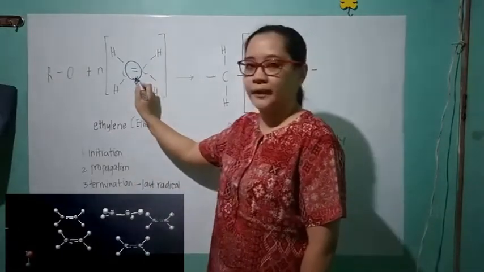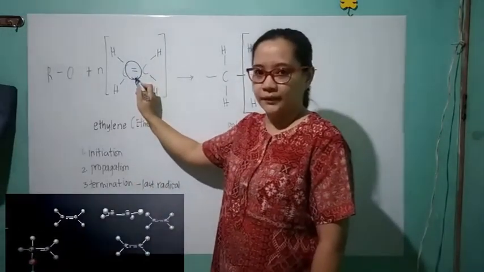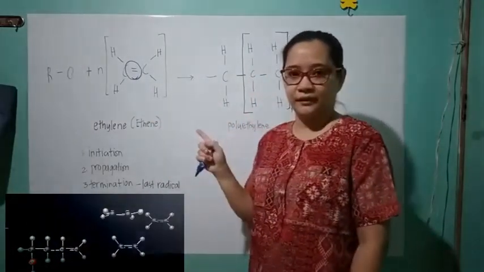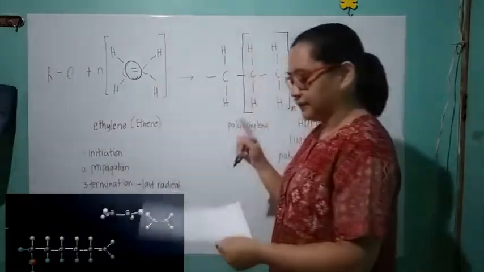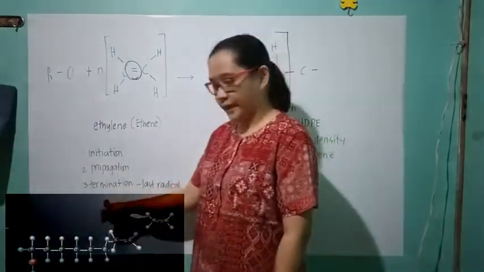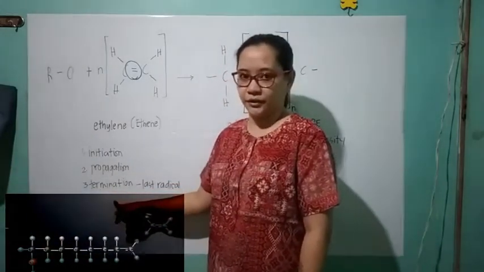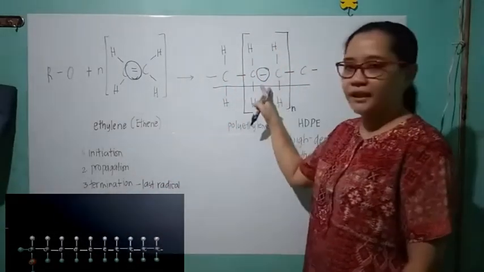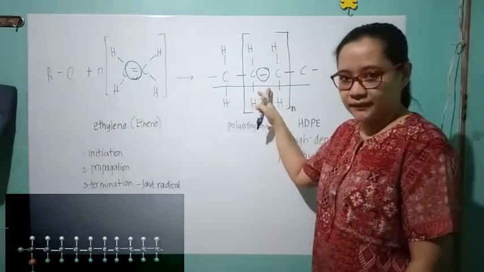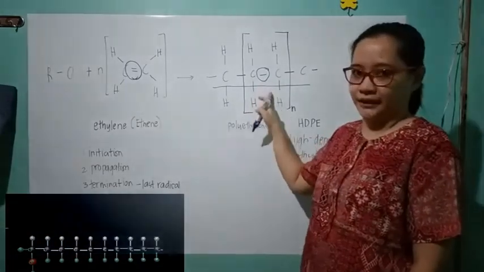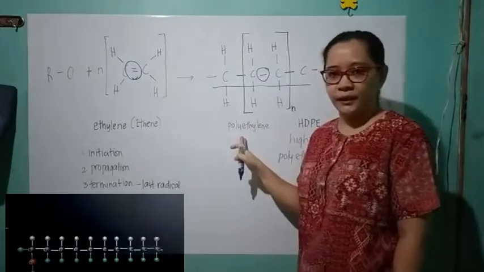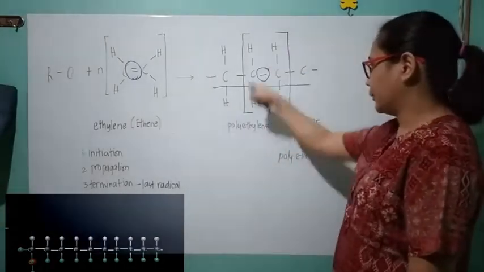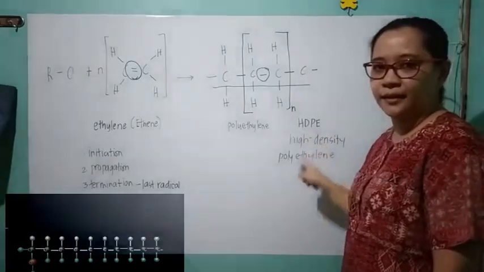Since the double bond is already broken, carbon will attach to a free carbon until we reach the final step, which is termination. This is a combination of single bonded ethane that will form a chain, which is a polyethylene. This is an example of a high density polyethylene.